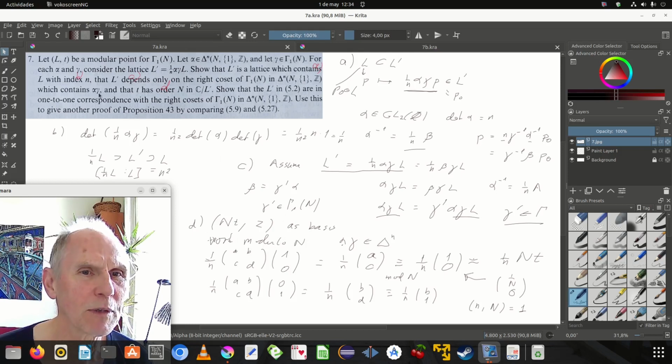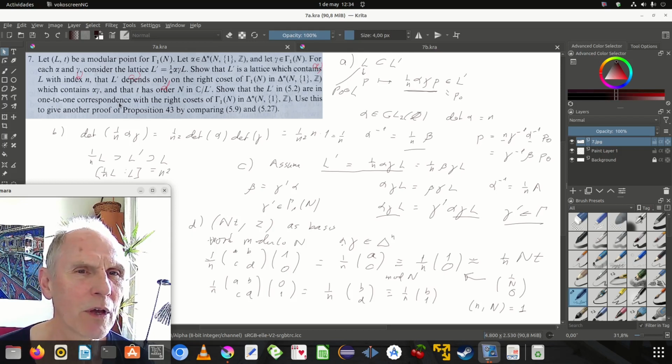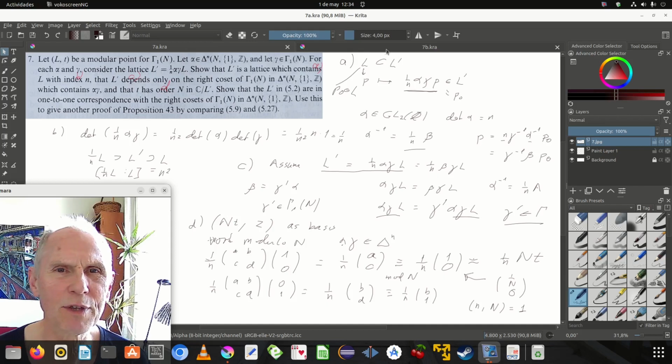And that means that we must check how the second coordinate maps under alpha gamma. I would actually like this to be a member in delta n.